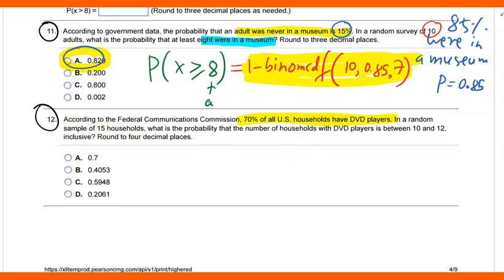Here we're looking for the probability that the number of households with a DVD player is between 10 and 12. Okay, that's what we're looking for.